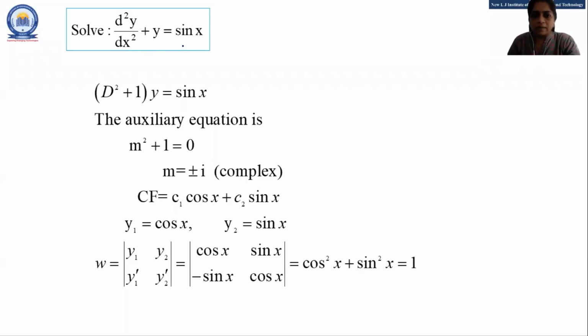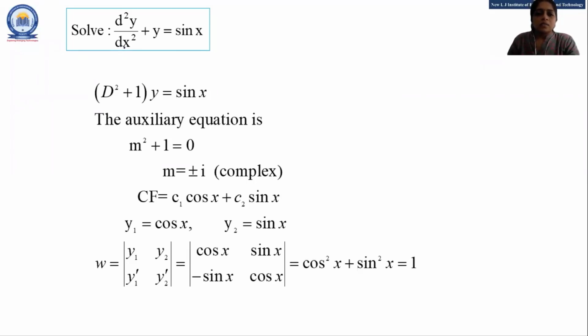See, our right hand side is sin x, right? So you solve with case 2. But if they ask to solve with the variation of parameters method, then you have to solve by this method only. Got it? So let's start the solution.